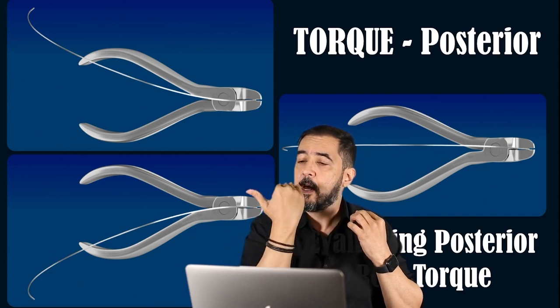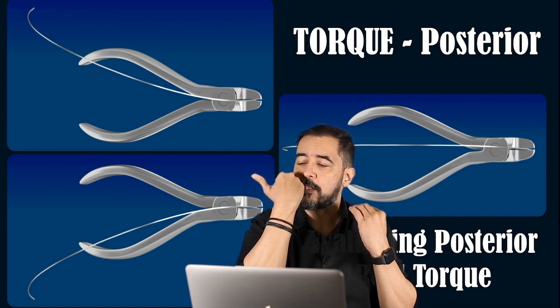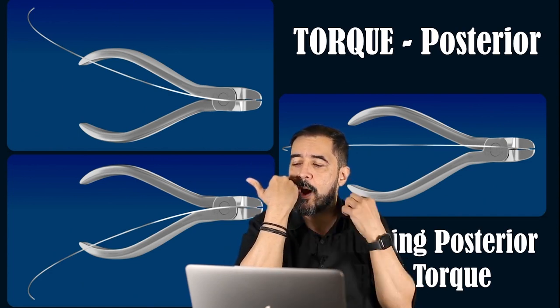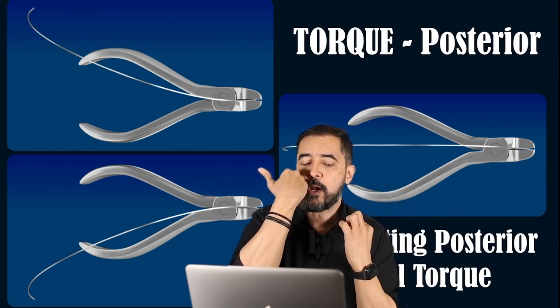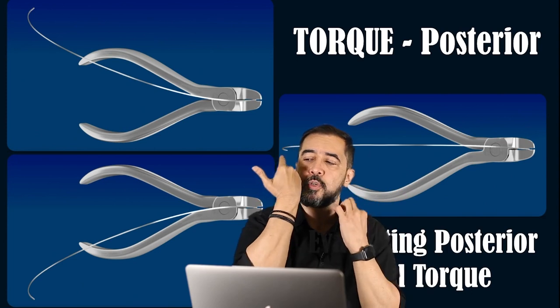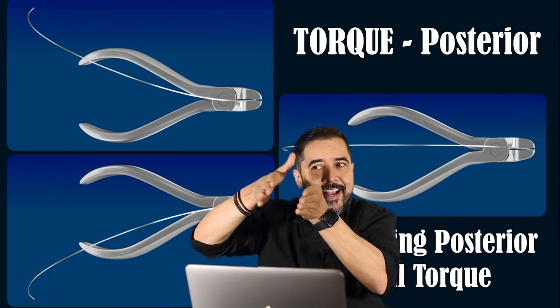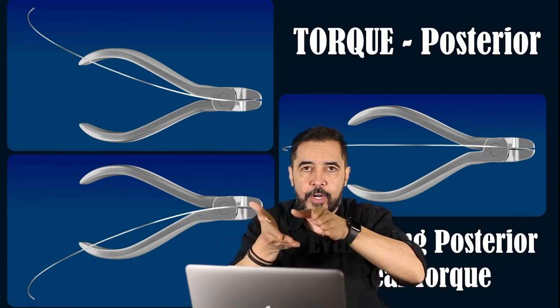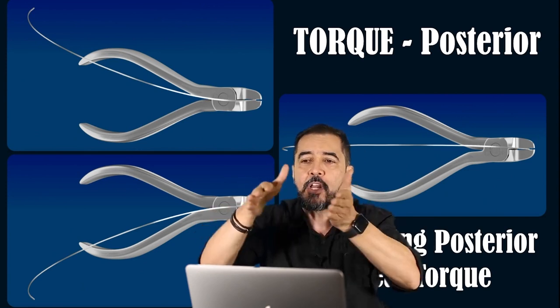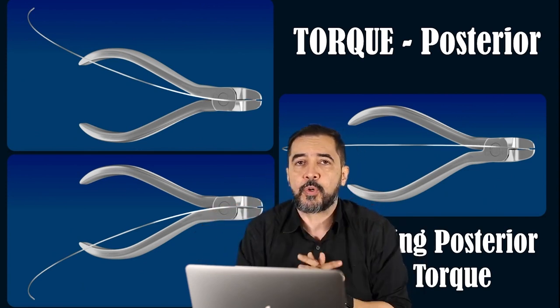I inserted this wire here, and it goes down in the opposite end. When I do like this, I'm going to have a tendency to a negative torque, a negative inclination of the posterior crowns.